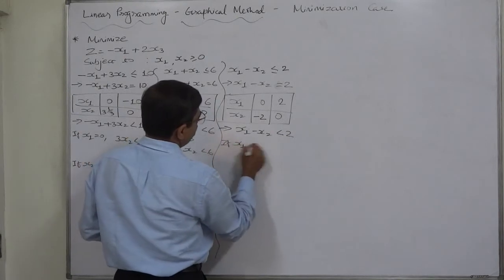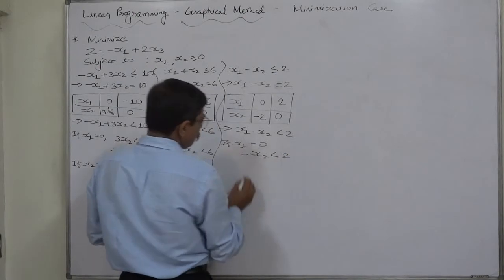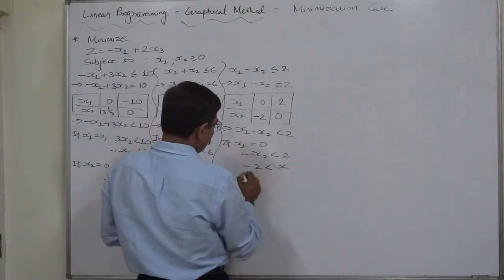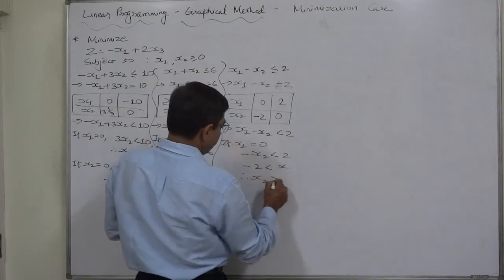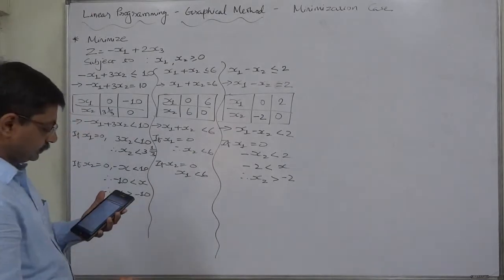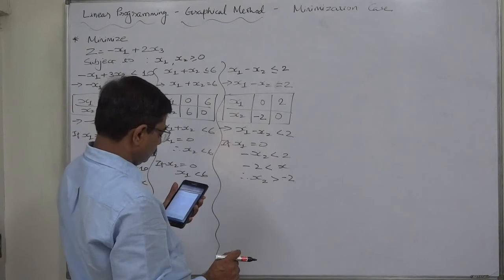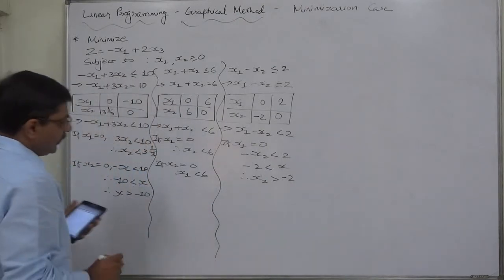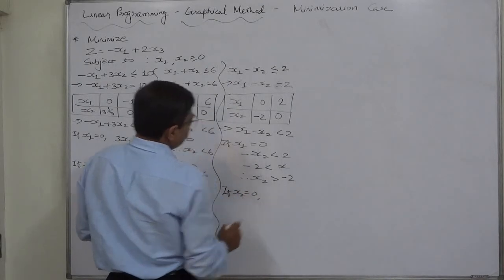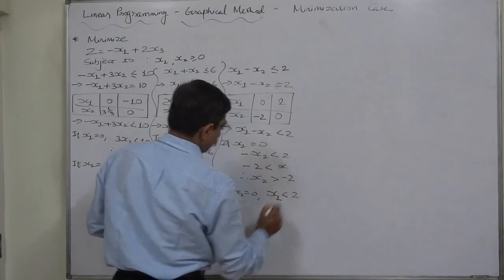If x1 takes value 0, then minus x2 will be less than 2. Then minus 2 will be less than x2, so x2 greater than minus 2. If x2 takes value 0, then x1 less than 2.